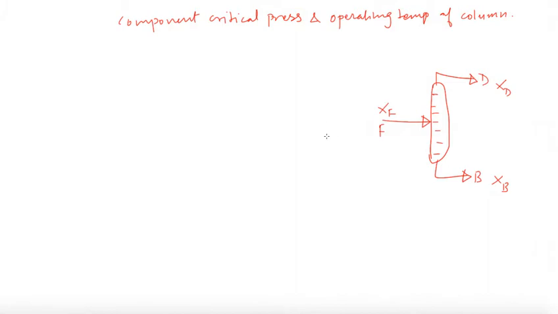So the critical thing is how to fix the temperature of the column for better separation and applicability of Raoult's law.